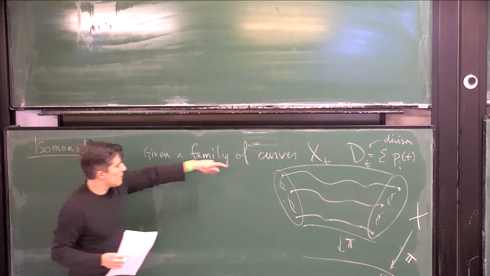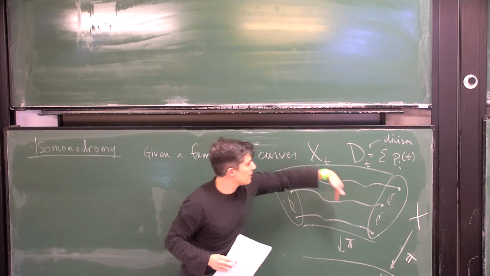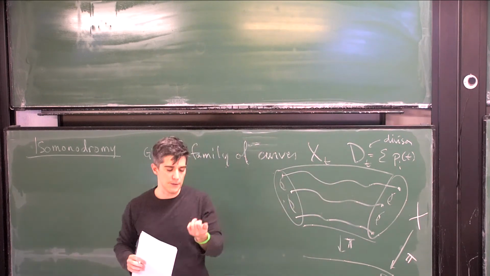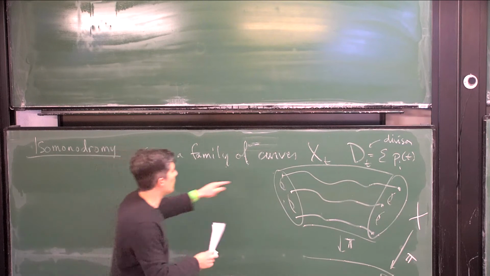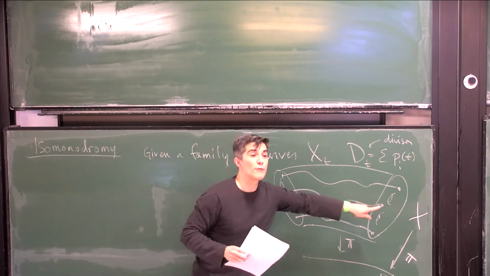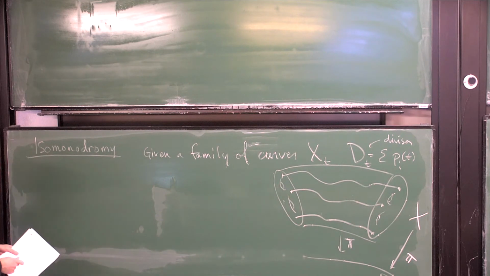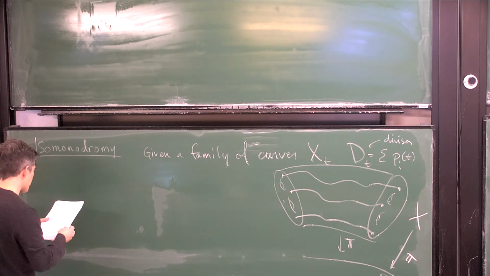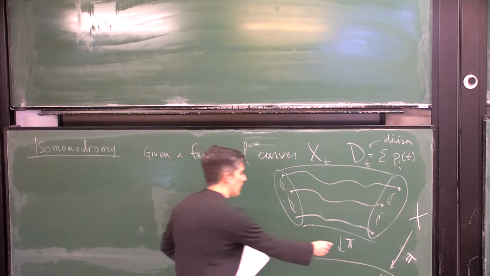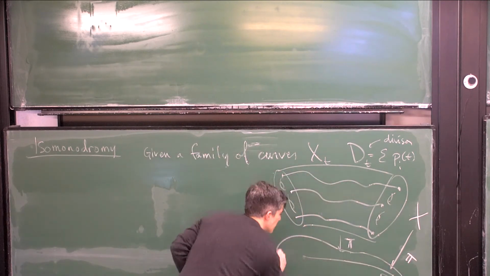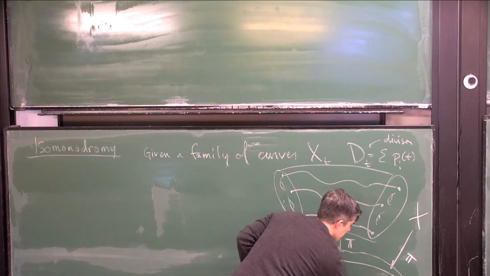So this is a variation of the complex structure of the curve, a family of curves and a family of divisors. These curves are not isomorphic as complex manifolds, but they're topologically equivalent. And the base is some complex manifold, S.